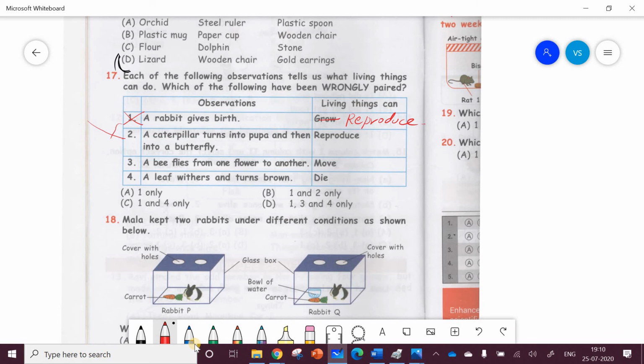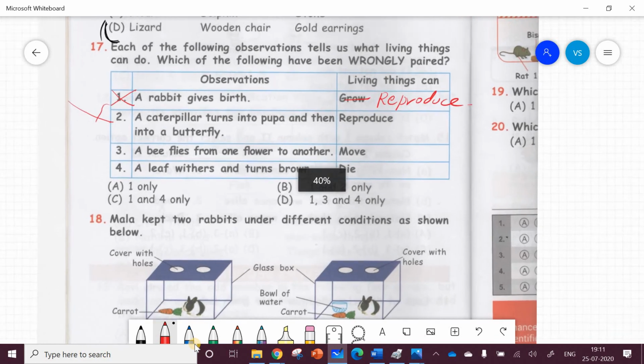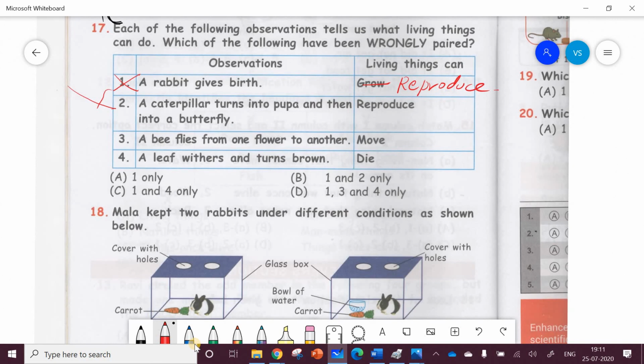C. No, not C. Which is the correct answer? A, B, C or D. I am finding already. Take your time. I can't find it. These are the options.